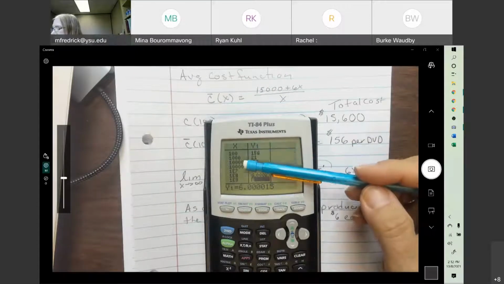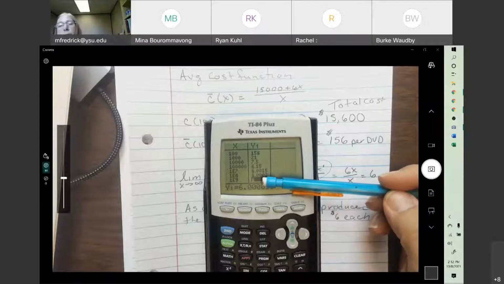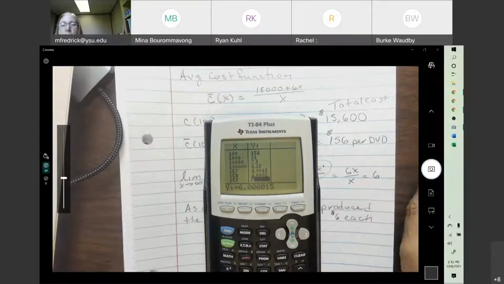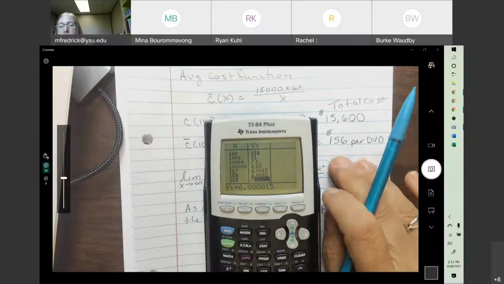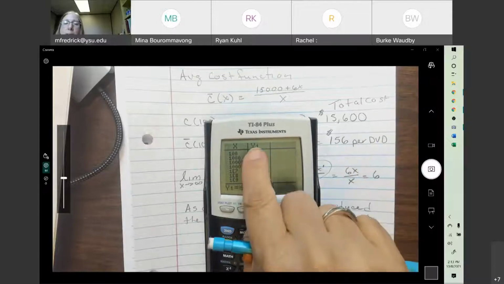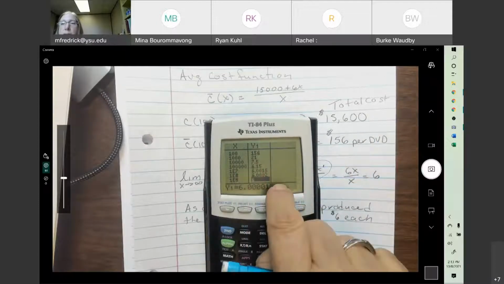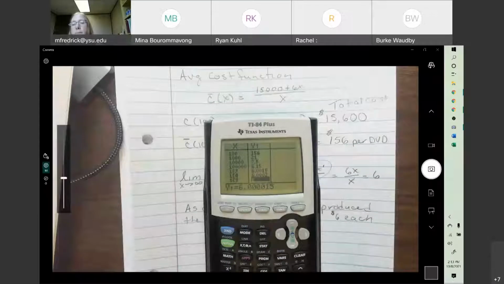But as you produce more DVDs, you get closer and closer to $6 each. Any questions on that? So we can take the limit by looking at the degree at top and bottom, or we can plug values that get extremely large. Any questions?